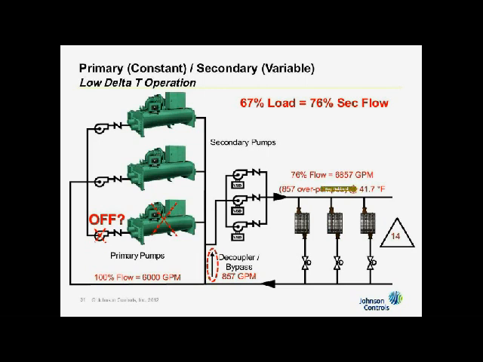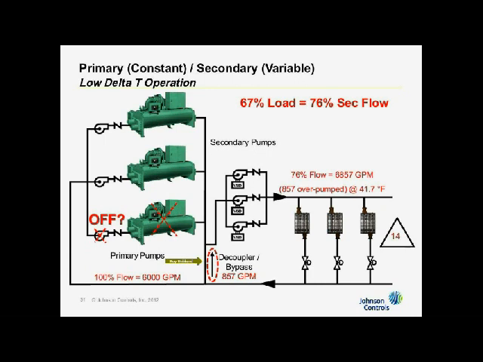The 41.7 goes out to all the coils. The coils see 41.7 instead of 40. They've got to open the valve more, so then it comes back warmer, and it keeps doing this until it cycles completely out of control. Right? So it's very important to keep enough flow so that you don't have this backflow happening.